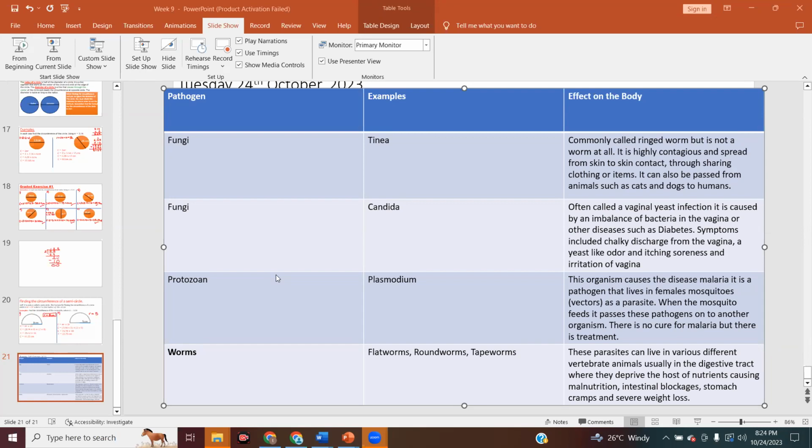Chardonnay. Yes, sir. Which one of these pathogenic diseases that we discussed today would you not want to have? All. Which one in particular? I want you to grade them in severity.